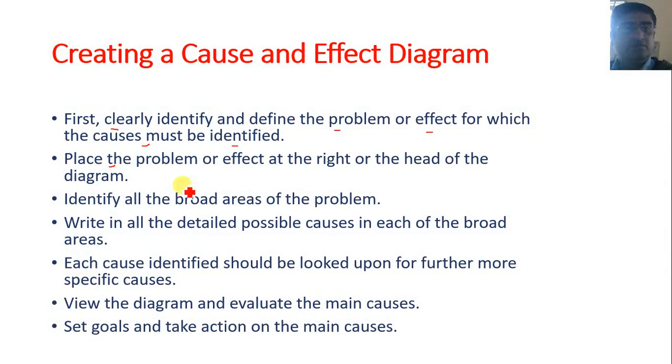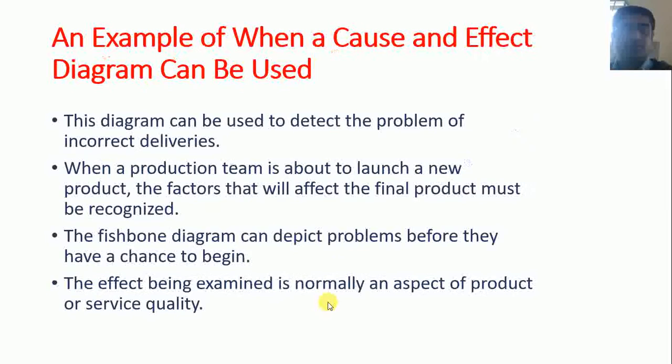Now place the problem, or effect, at the right or head of the diagram, and identify all the broad areas of the problem. Write in all the detailed possible causes in each broad area, and each cause identified should be looked into for further specific causes. Also view the diagram and evaluate the main causes of that particular problem. And you have to set goals and take action on the main cause to eliminate the problem.